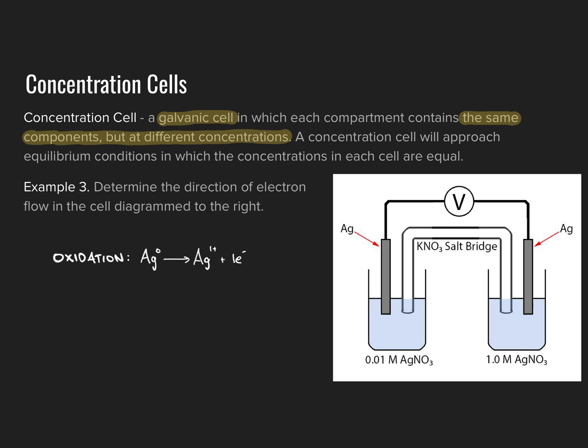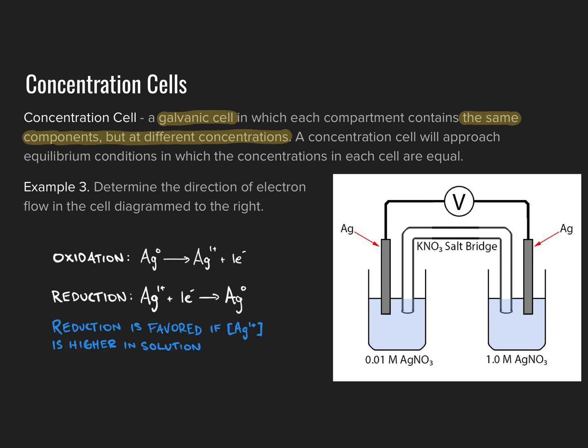Conversely, the reduction which is going to occur is the exact reverse of that process. That is to say, a silver ion in solution, Ag+, could pick up an electron and in doing so form elemental silver, Ag. Logically, the rate at which reduction occurs should be proportional to the concentration of the silver ions in solution.